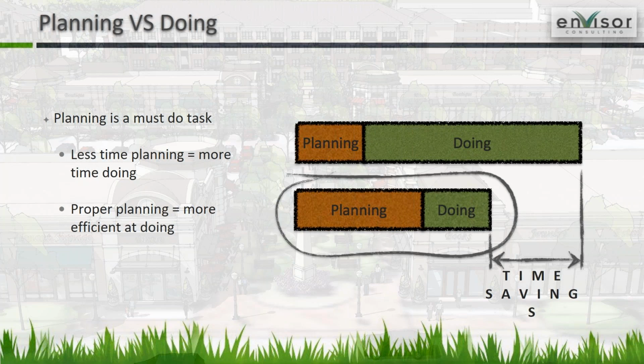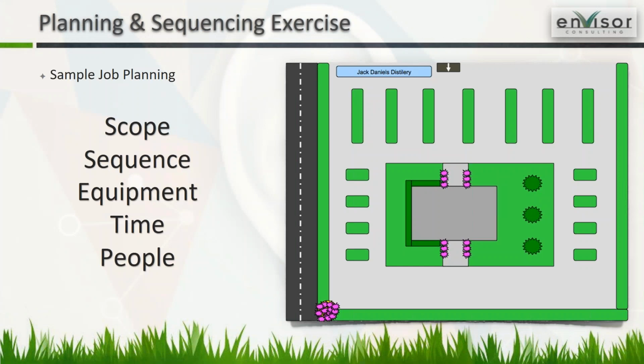Because when you have good planning tools, it facilitates training. So the more you plan, the less time you will theoretically spend actually doing anything. And the more you plan, the better opportunity you have to communicate why you're thinking what you're thinking, and you can make your crews stronger and faster and better in the process.